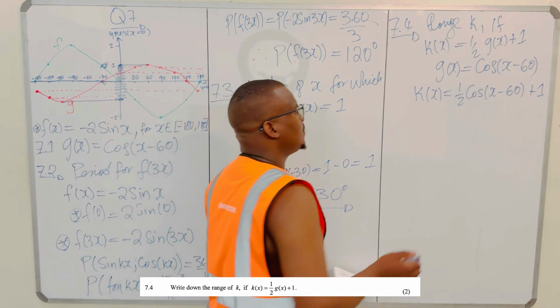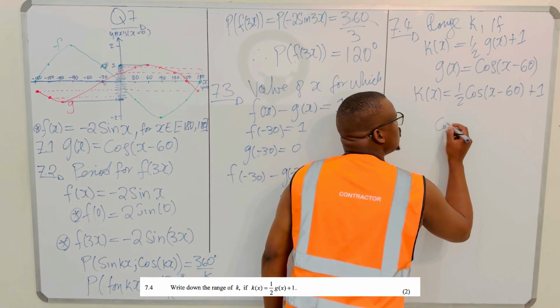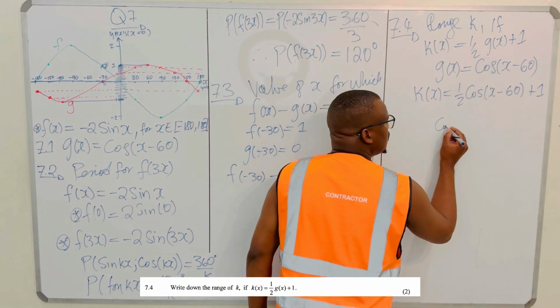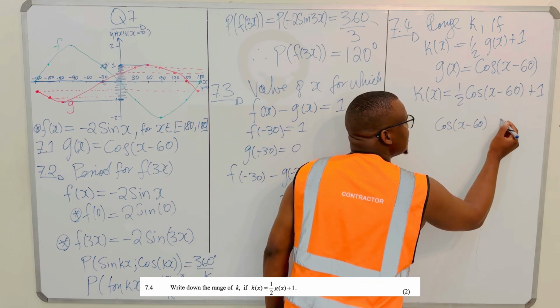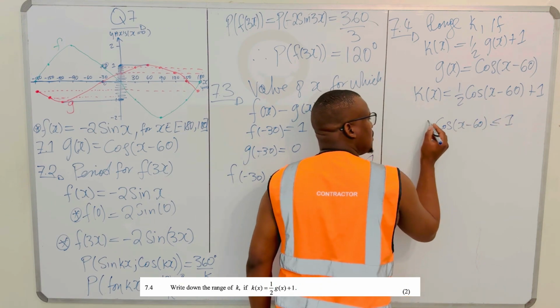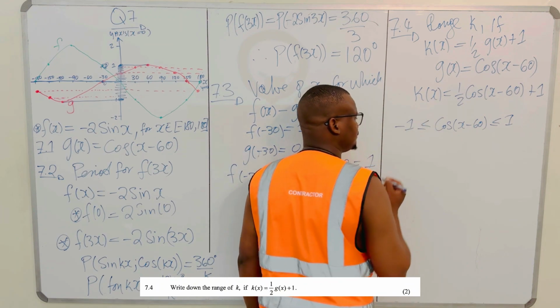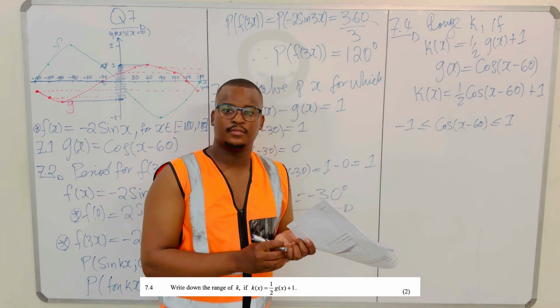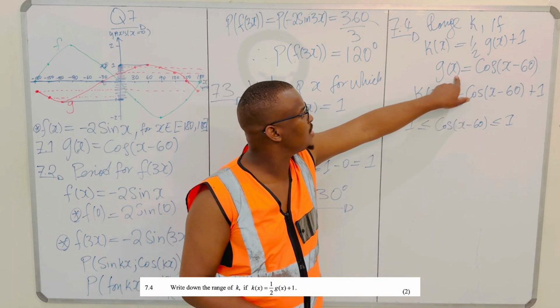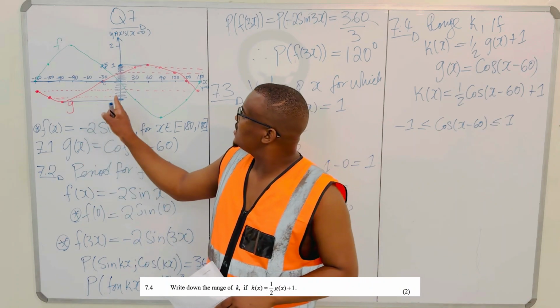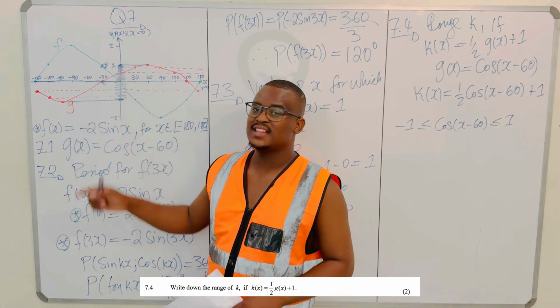So I'll start with g. G, which is cos x minus 60 degrees, is less or equal to 1, but greater or equal to minus 1. We know this is the range of g. It's allowed to use only these y values that are there.